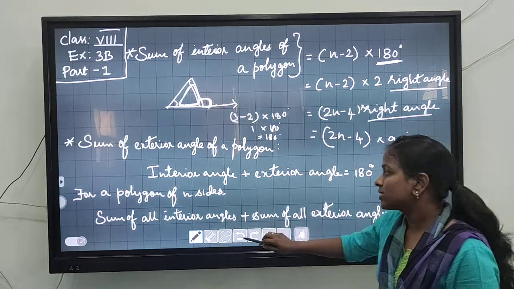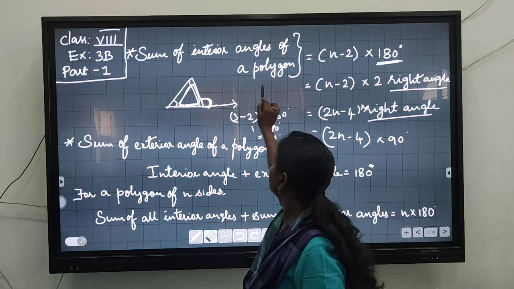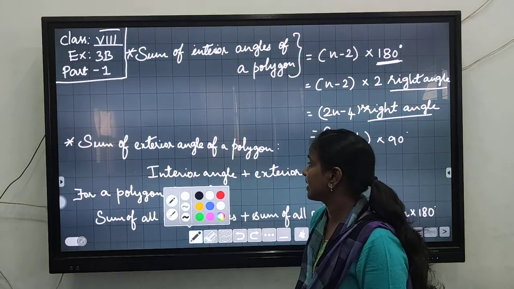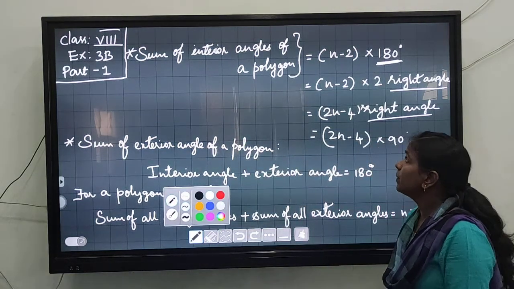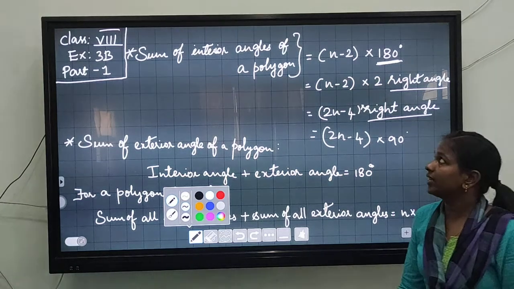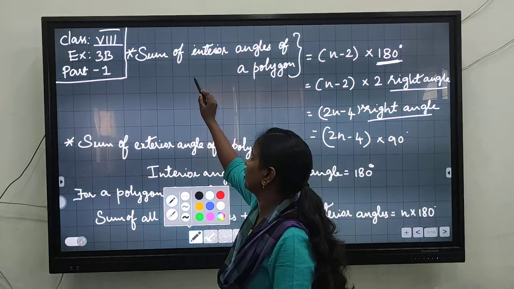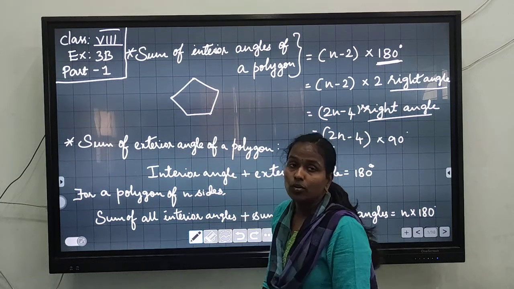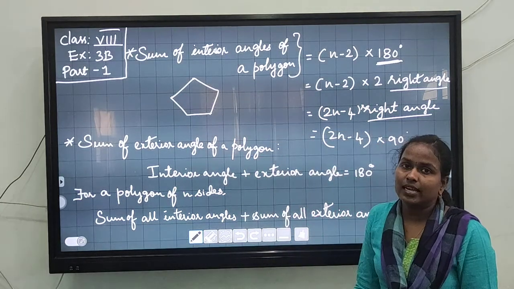So one more method is there. Using triangles you can find out the sum of the interior angles. Listen, if I draw one pentagon here, you know 5 sides are there.